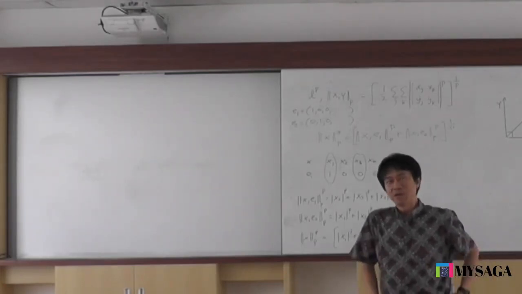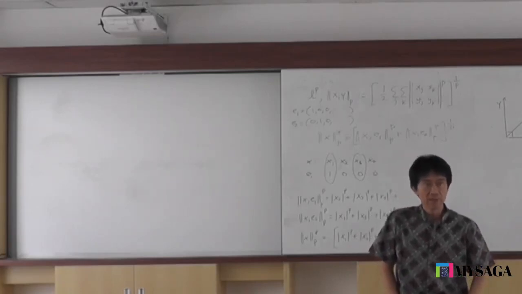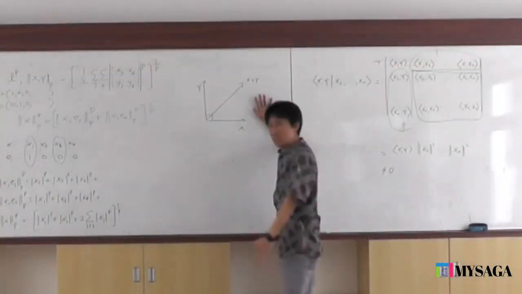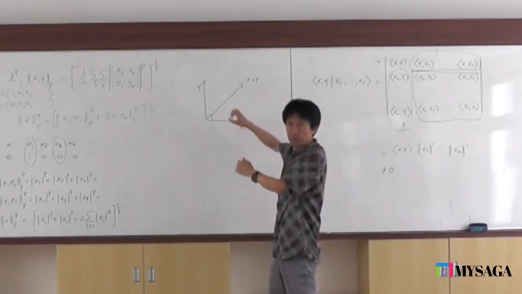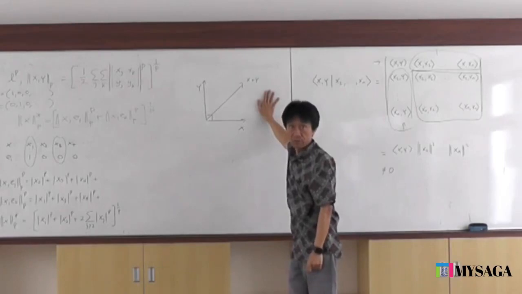So, okay, what happens in the n-dimensional space? Suppose we are in two-dimensional space. Then I don't have testing vectors except vectors in that space also.